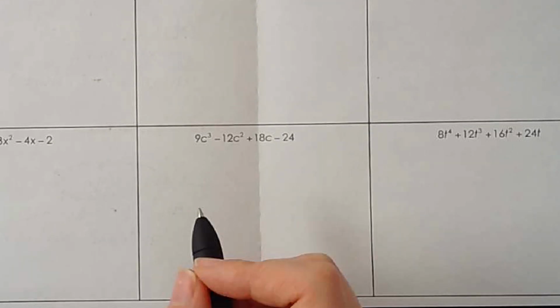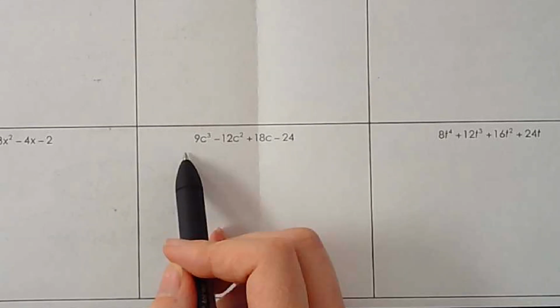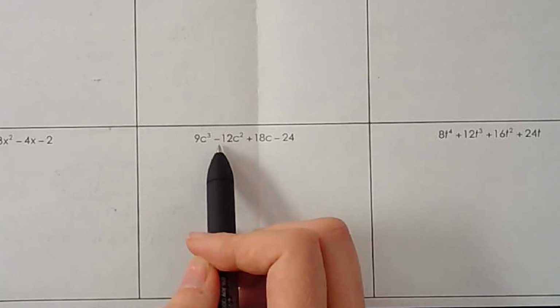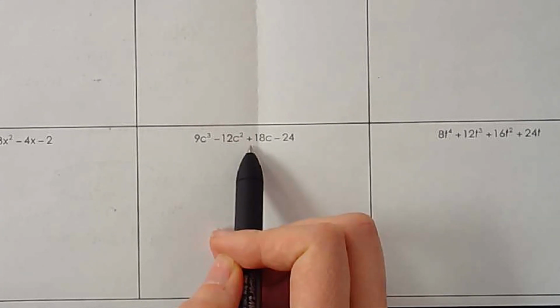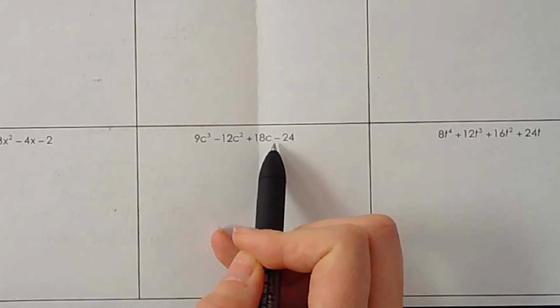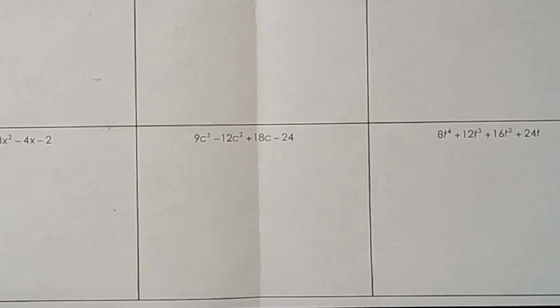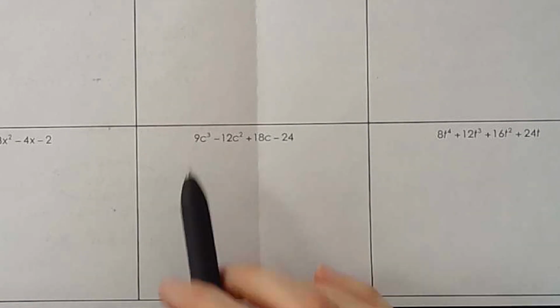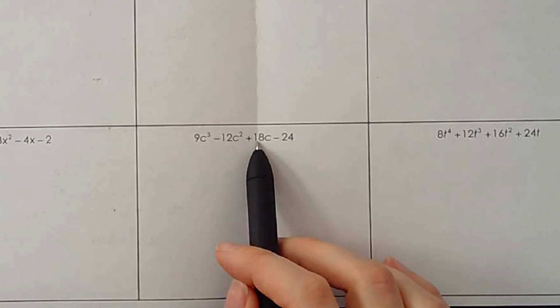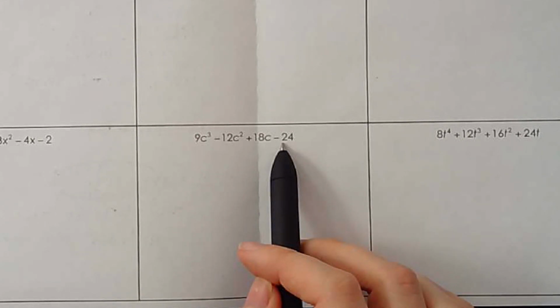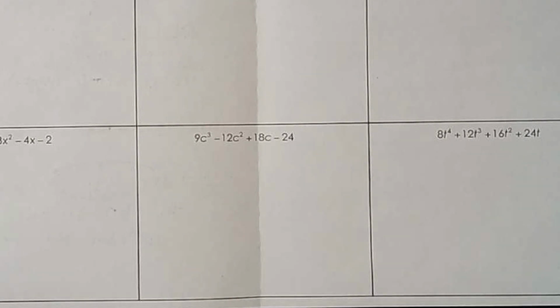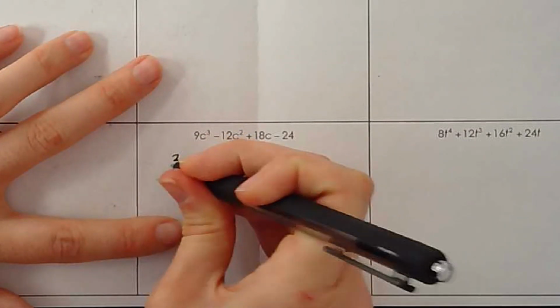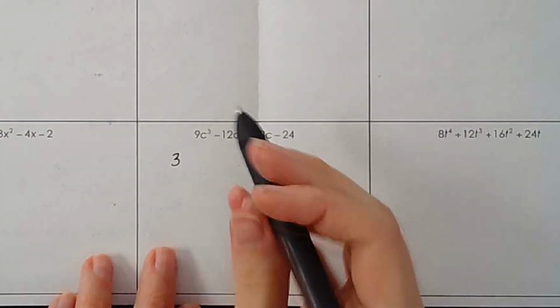If I look at this problem, I have 9c cubed minus 12c squared plus 18c minus 24. Well, the first thing I'm going to say to myself is that all of these terms are divisible by 3. So the very first thing I'm going to do is factor out a 3 from all of those terms.